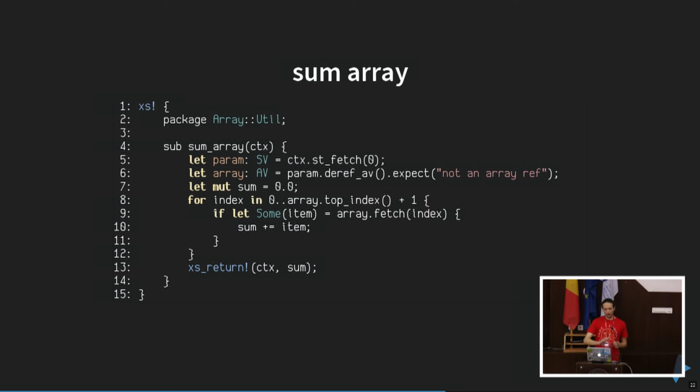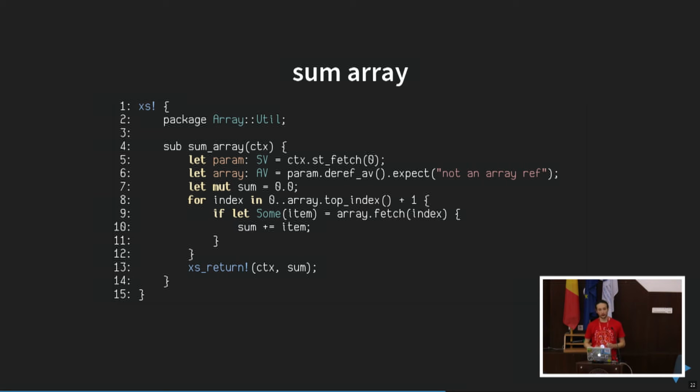Because of the safety goals I was mentioning earlier, every stack local variable in Rust is reference counted, which usually does not happen in XS code. To avoid doing reference count increment and decrement every time we fetch an element of the array, we convert it as soon as possible, where no user code can run in between, and we can safely omit this increment and decrement hurdle at compilation time.